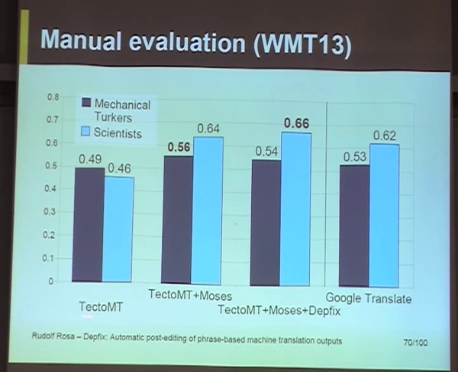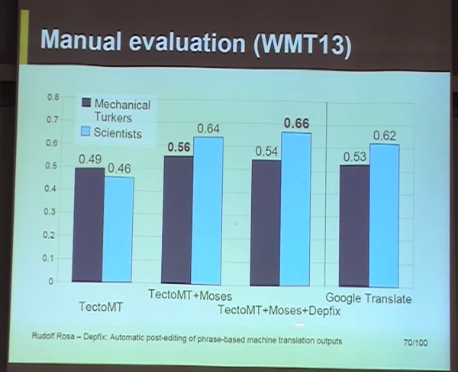So these are the three systems that cooperated together from this faculty and were submitted to the competition. So it's the TectoMT syntax-based system, which sadly still does not perform very well. Then there was TectoMT plus Moses, which I can tell you more about if you want.